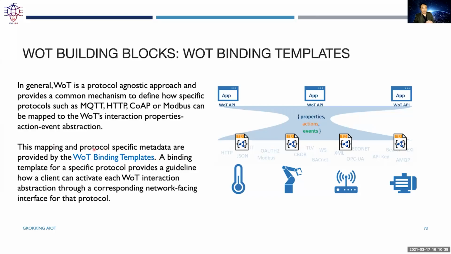So we try to define it in such a way that it can work over multiple protocols by making use of this mechanism called the WoT binding template. The binding template is a guideline for how a protocol like HTTP or MQTT will be used to support the interaction, the properties, actions, and events that we have for that particular device. For example, if you have an action called get, like getting a particular property, how does that get action get translated to a particular protocol message?